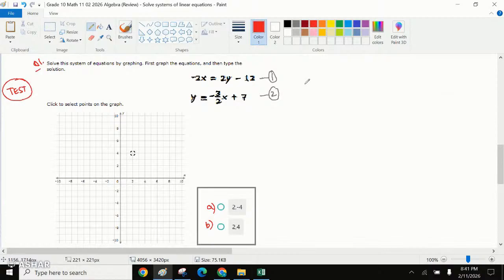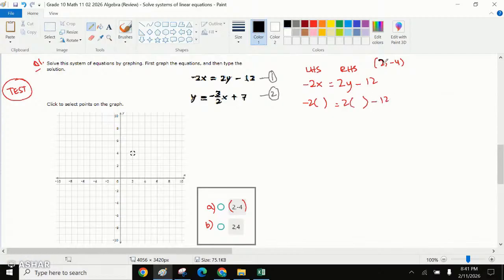I write equation 1: minus 2x is equal to 2y minus 12. This is the left hand side of the equation. This is the right hand side of the equation. Pick the first point. That was 2 and -4. That means x was 2, we put x to be 2 and we put y to be negative 4, right?